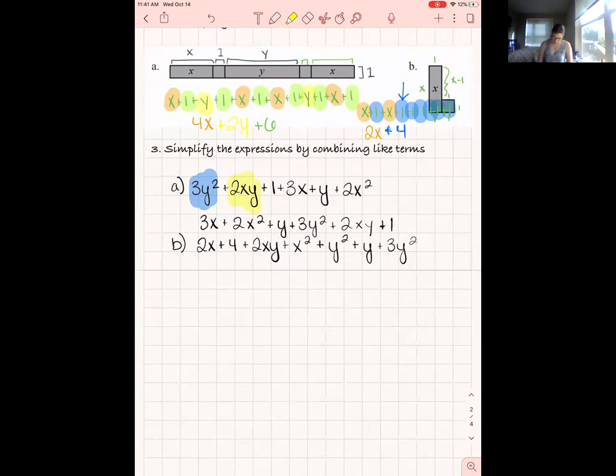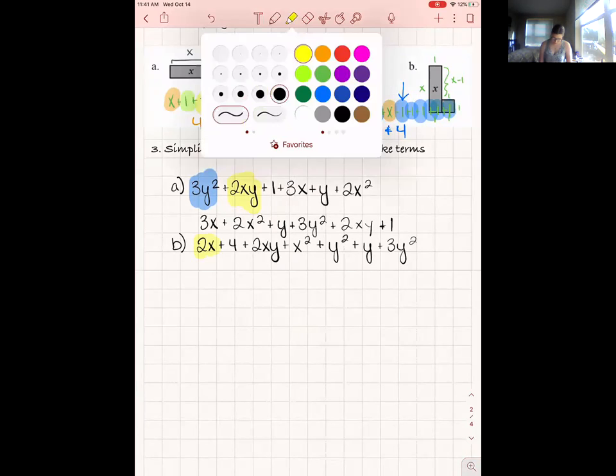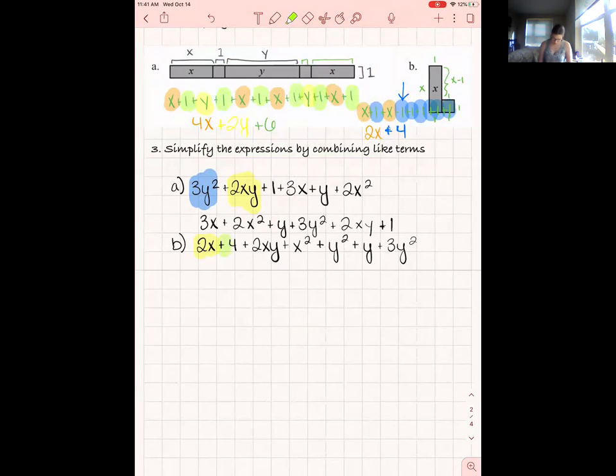B will be better. So I'm going to highlight my 2x. I'm going to look for anywhere else I see an x. Do I have any more x's? Nope. So I'm going to move to the next one. Just a unit, 4 unit tiles. Do I have any other places where I just have units? Nope.